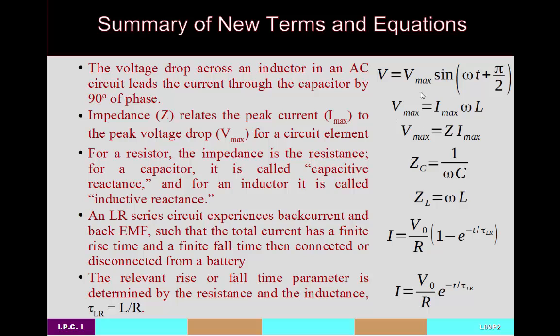The maximum voltage for an inductor is the maximum current times omega, the angular frequency, times L, the inductance. So the inductive reactance is omega times L, and that is the impedance given by an inductor. Of course, for a resistor, the impedance is just equal to the value of the resistance.